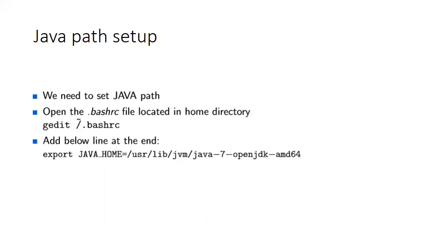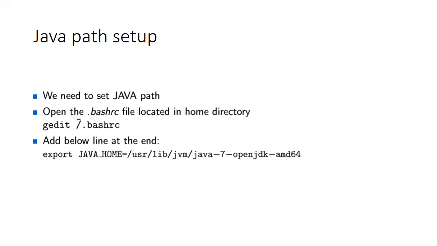Here we add a line exporting JAVA_HOME, where our Java library is available: /usr/lib/jvm/java-7-openjdk-amd64. So our Java is available under usr lib jvm, and we have to mention this Java library path in our .bashrc file.